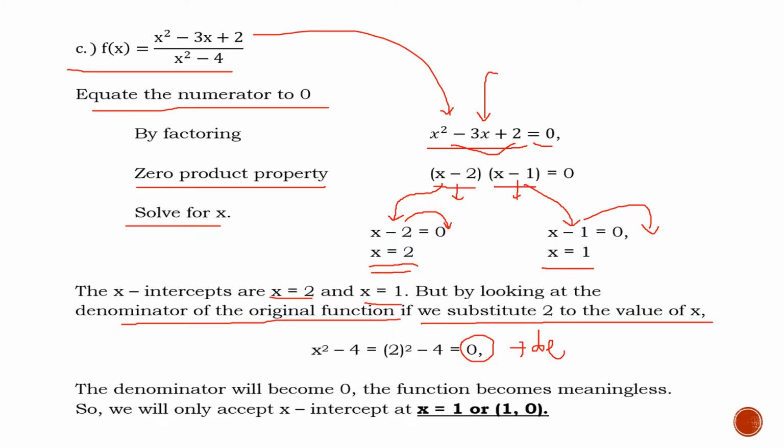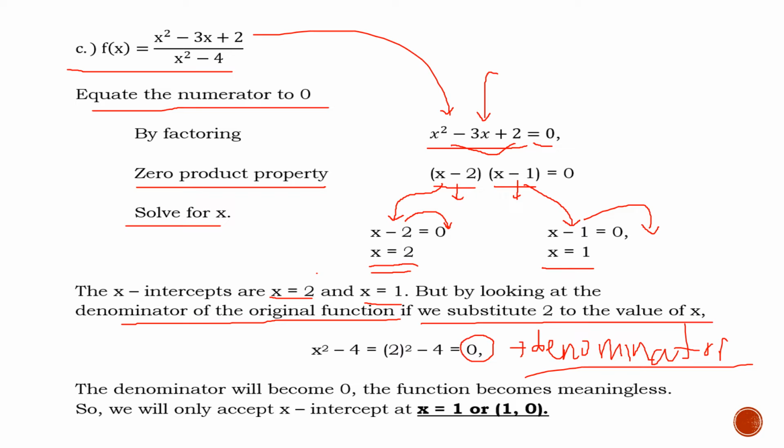So even if we get two values of x here, both positive 2 and positive 1, we really need to check if these values will make the denominator equal to 0.